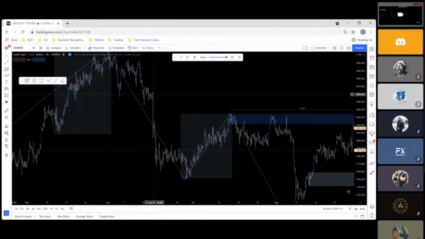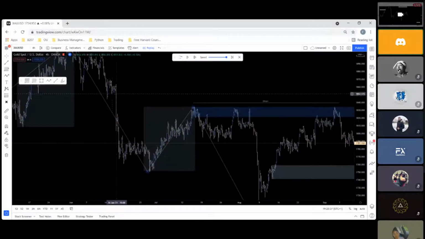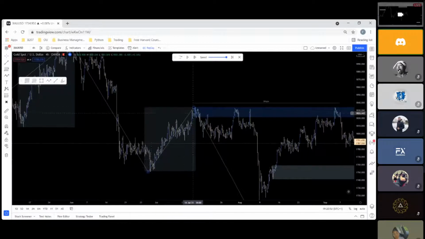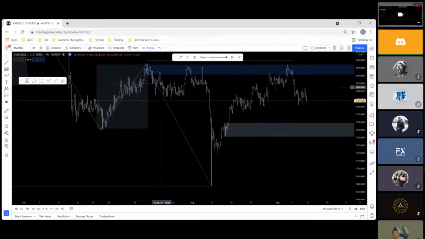So if you see here, we have these real impulsive candles coming to the downside, and that move there took 2 days. And you see how price correctively comes back to fill this inefficiency, taking about, what's that, like 15 days. And then structure starts to break down again.